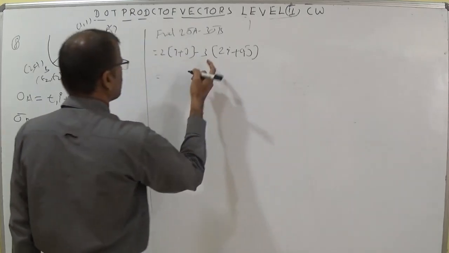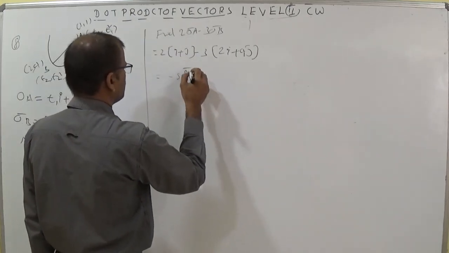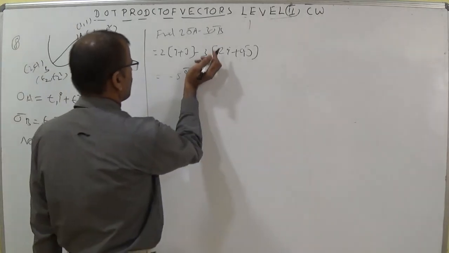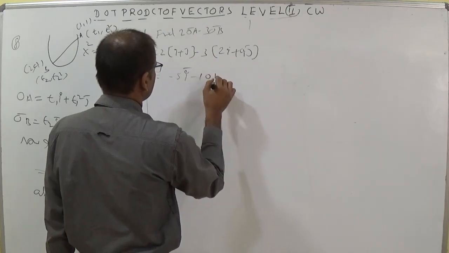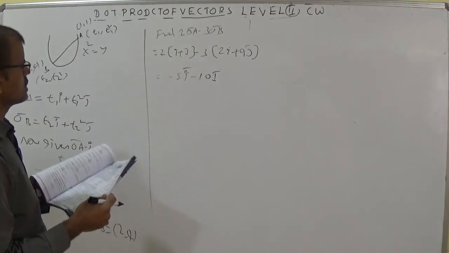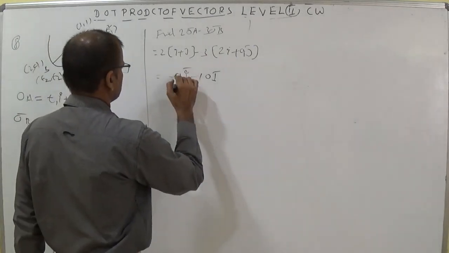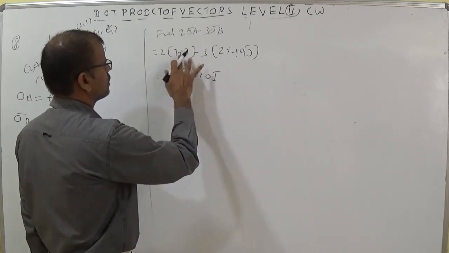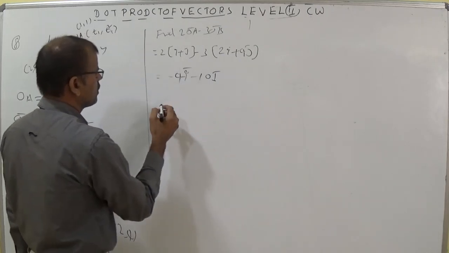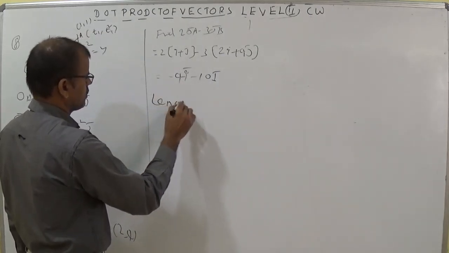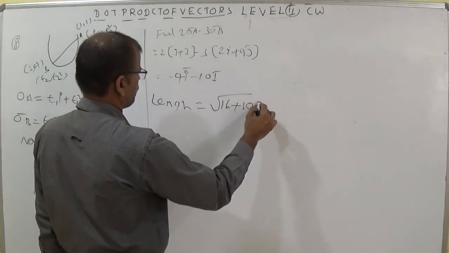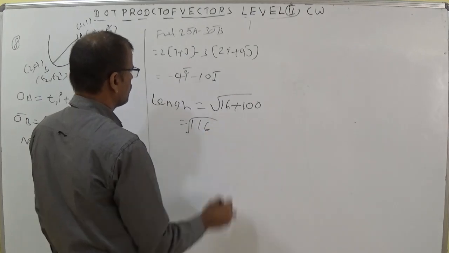So 2i minus 6i, you can write here minus 4i, and 2j minus 12j, minus 10j. Now component length I am writing. Length is equal to root of 16 plus 100, so root 116.